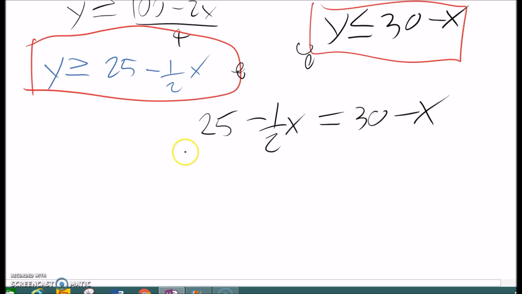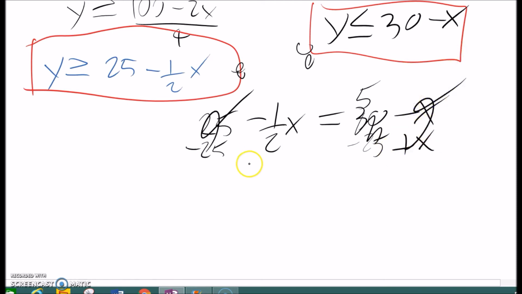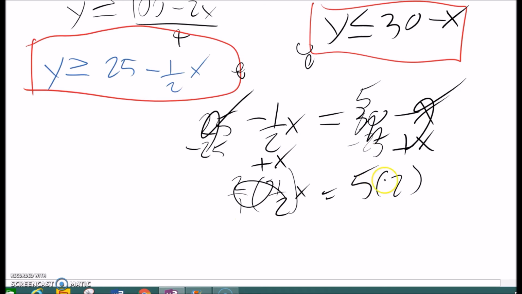So we will subtract 25 from both sides, so this will get cancelled out, and then this would equal 5, and then we would add 1x to both sides, so they get cancelled out, and then it would be 1 over 2x equal to 5. So we would multiply both sides by 2 over 1, so they get cancelled out. And then x would equal 10.